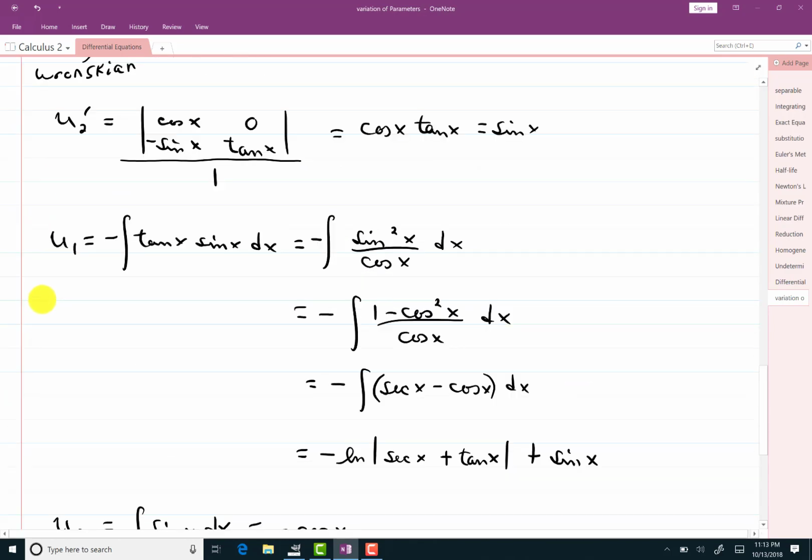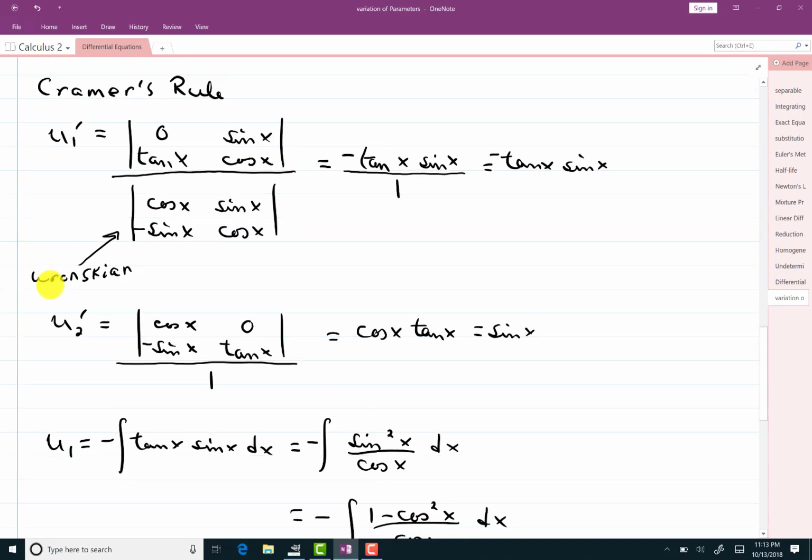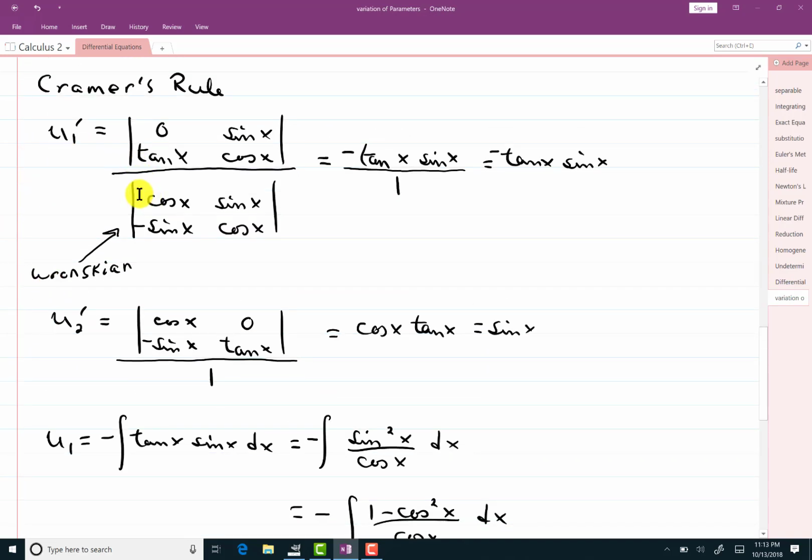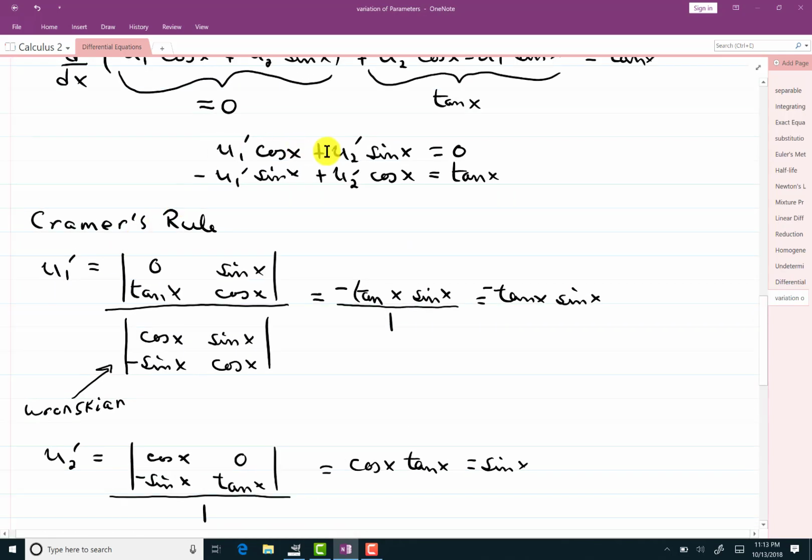It all happens because over here, since our functions cosine of x and sine of x are linearly independent, we know that the Wronskian is not 0, in this case 1. Well, that's the determinant. If the determinant is not equal to 0, then the system of equations automatically has a solution for u1 prime and u2 prime. So that's why it all works.